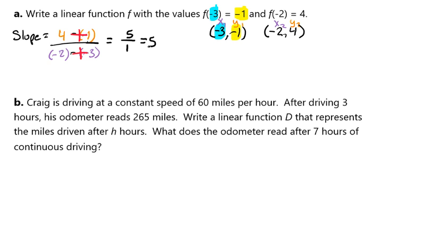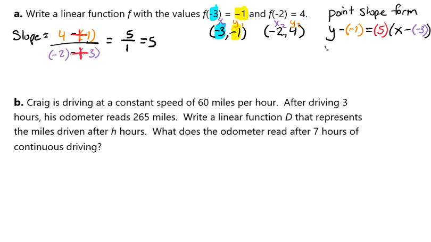And because we have the slope and a set of points, we can use point-slope form, which is y minus y1 equals m times x minus x1. Well, we have a y1 and an x1, and we have an m, so we can replace those. We have a y1 value of -1, an m value of 5, and an x1 value of -3. We're going to need to simplify this a little bit because we have some double negatives.